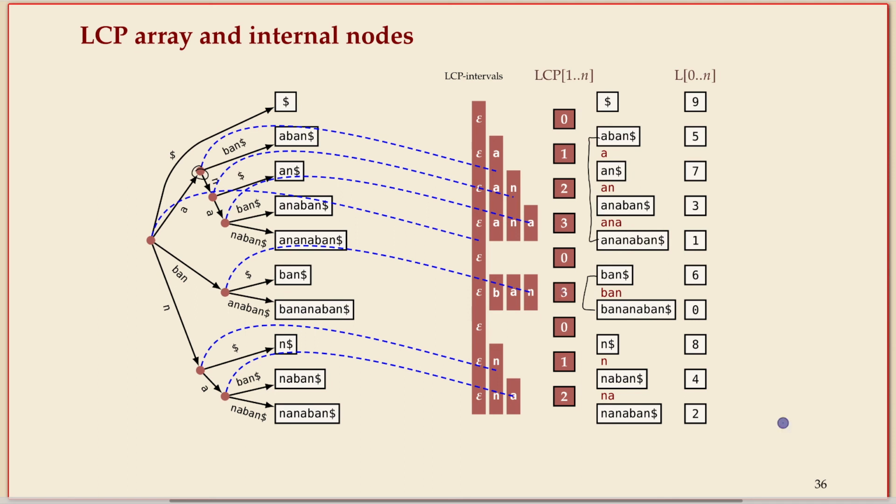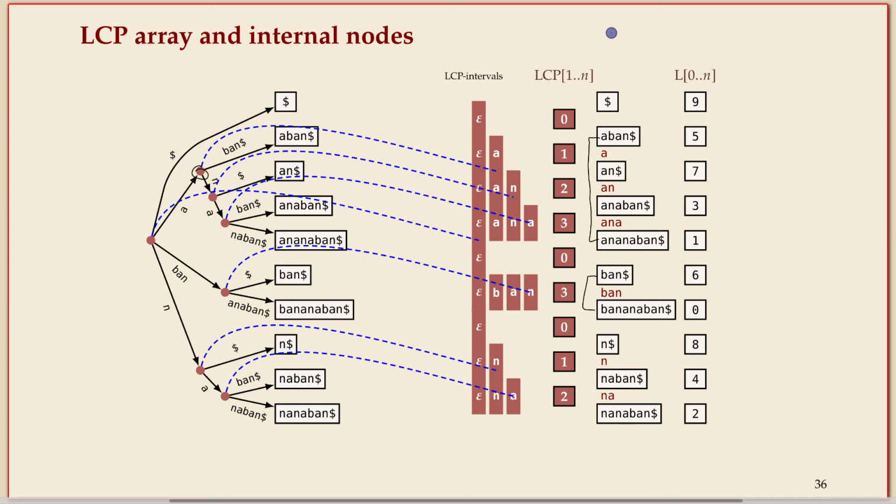What this slide is supposed to convince you of is if you have the suffix array and the LCP array, basically all information that used to be in the suffix tree is already represented. It's a little contrived, and you have to think around corners to get there, but it's all there. It's nothing really lost by just looking at these 2 arrays.